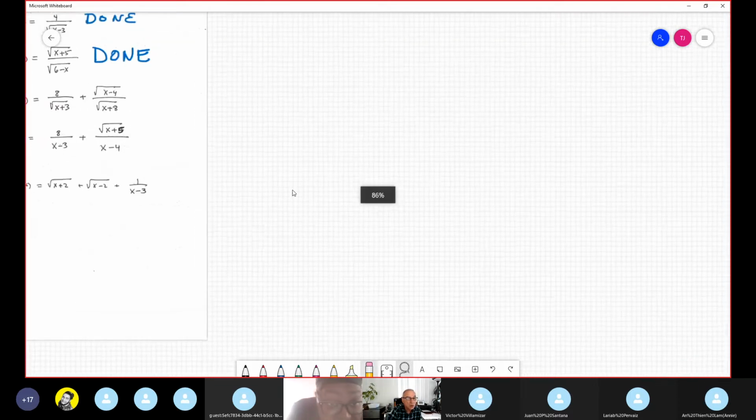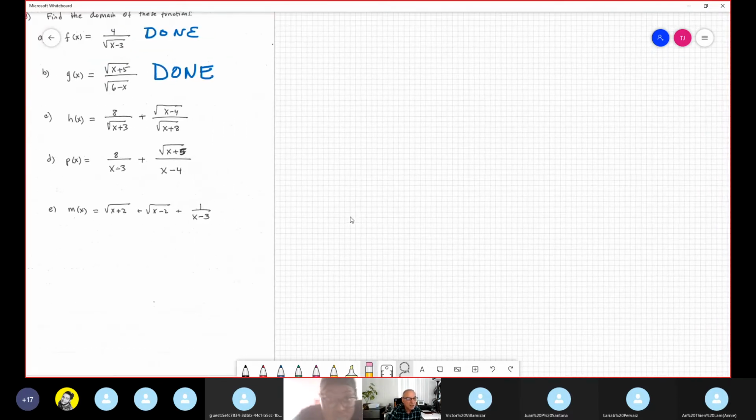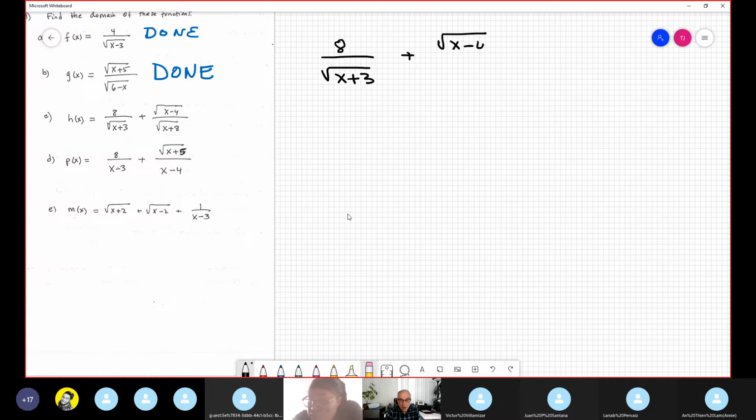Look, let's focus on C. C is the function, the equation that is given, which is 8 over square root of x plus 3. Okay, so go ahead. In C, I see two restrictions as well. Only two?